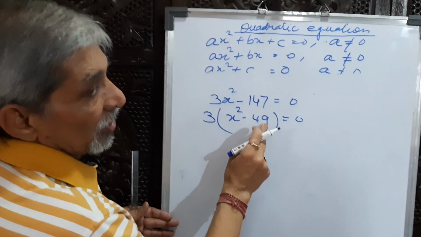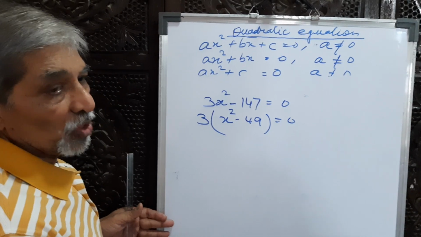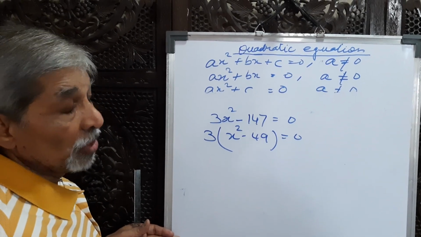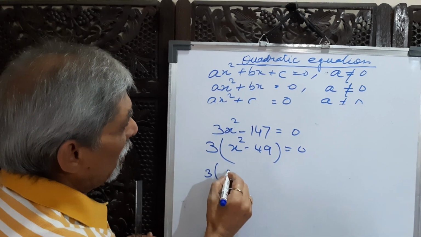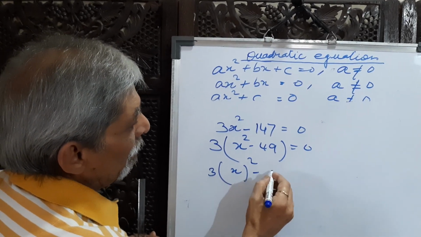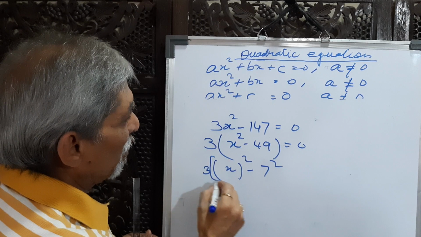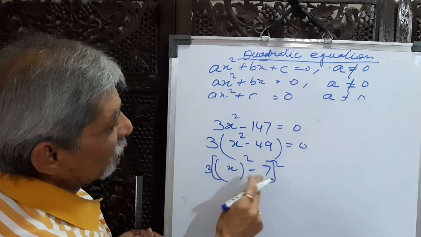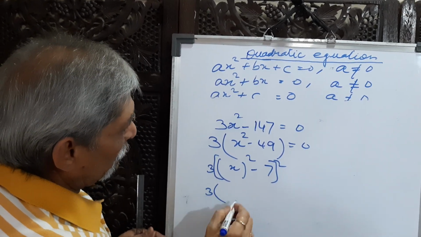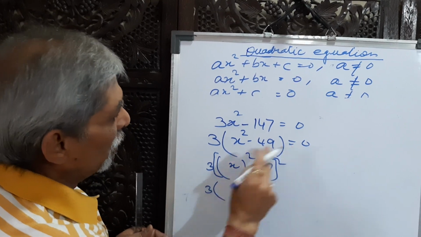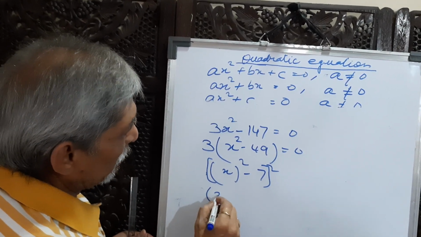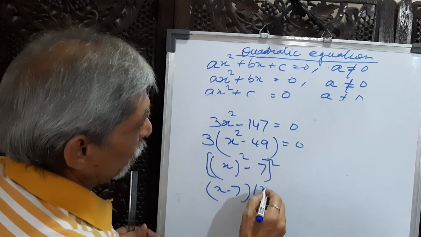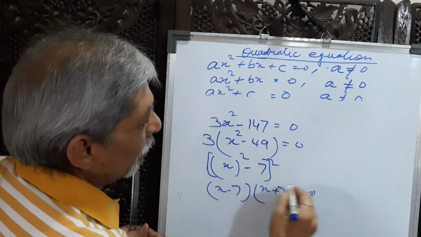x squared and 49. There is a formula, a squared minus b squared. So this becomes 3 into x squared minus 7 squared. Of course this 3 goes here, 3 into 0 is 0, so that is lost over there. This is x minus 7 into x plus 7 is equal to 0.